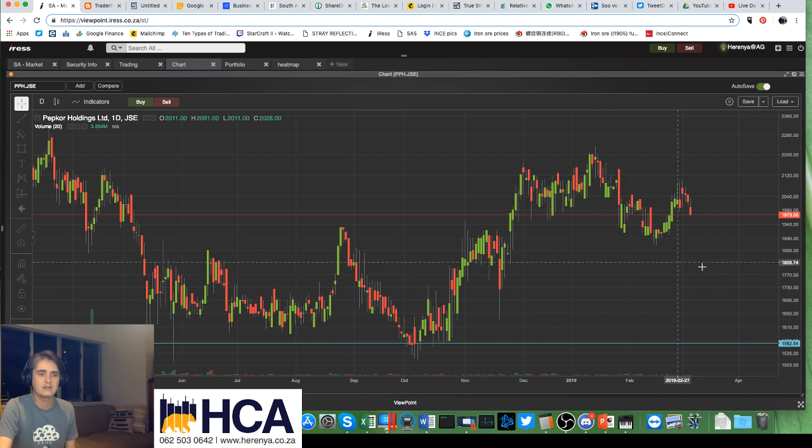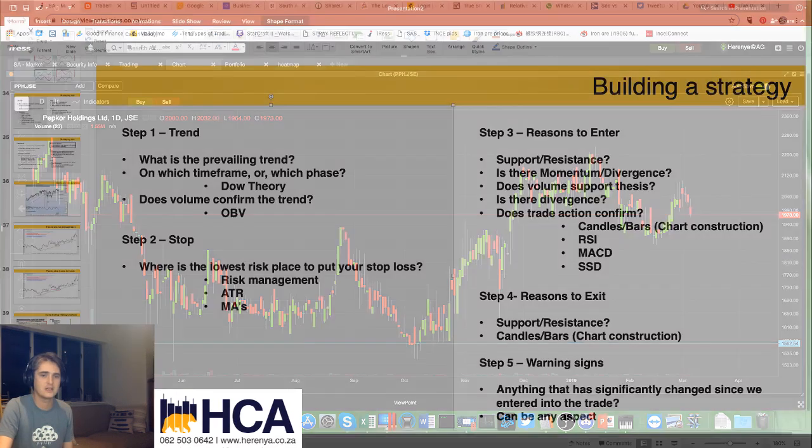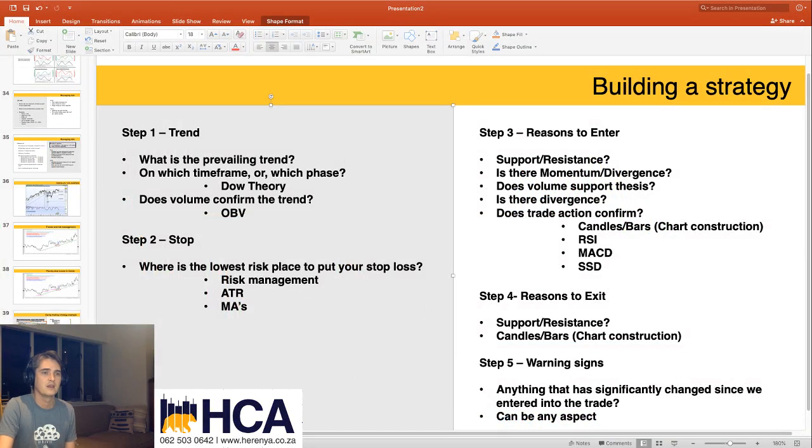So don't let support and resistance in tertiary trends take you out of the primary trend. That's my point. Look for support and resistance on the primary trend rather than on the tertiary trend to get you out. Then obviously warning signs include all the stuff that we've covered, like any of the tools in your tool set that show you the opposite of what you're trading for.